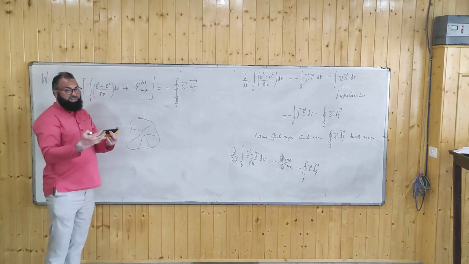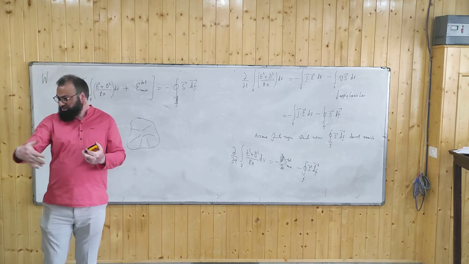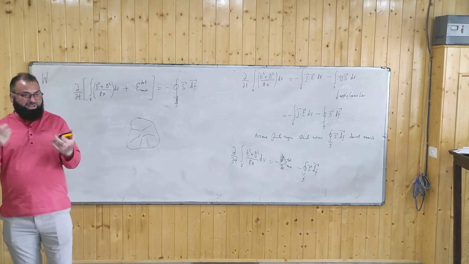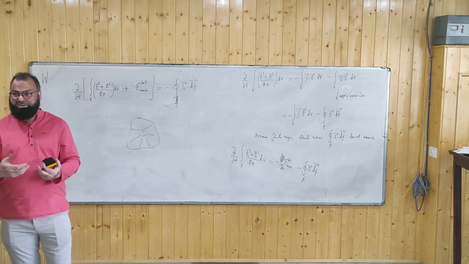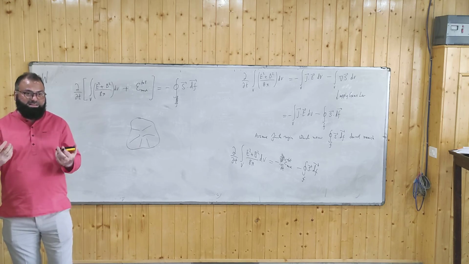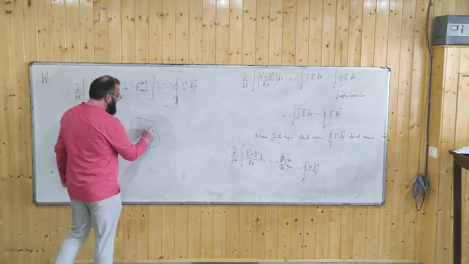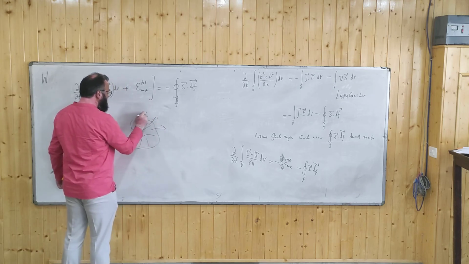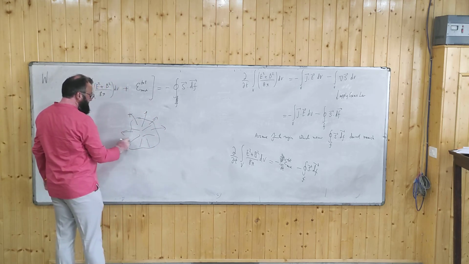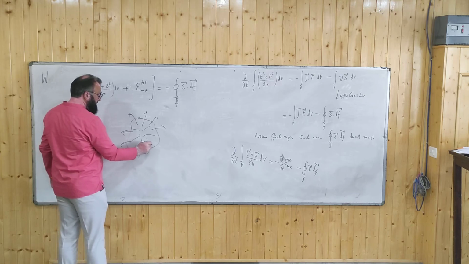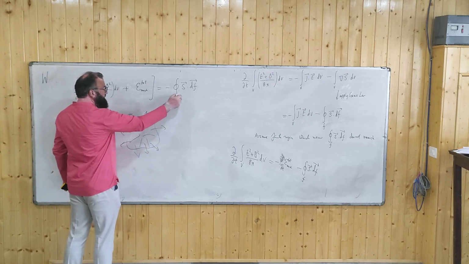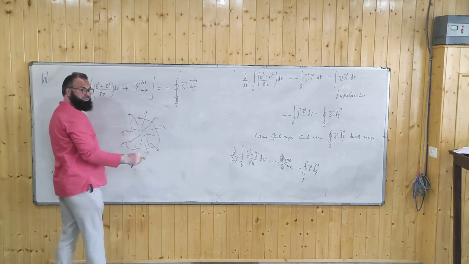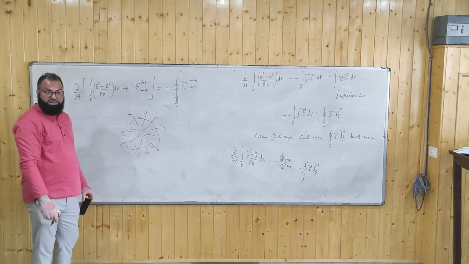When something is changing within the surface, across the surface something will be coming out of it. That we call the flux, or rather the flux density. So this S should represent the flux density. What kind of flux?